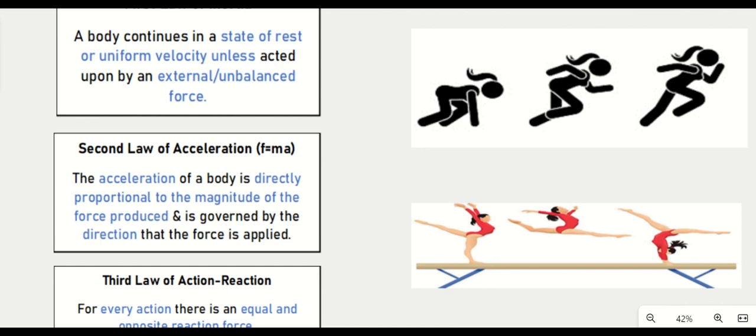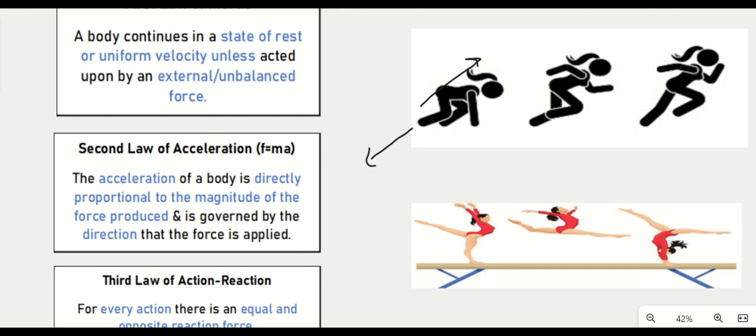But if she wants to go as fast as possible, the greater the force she applies down generates a larger reaction force upwards, causing her to accelerate. So really, if you're applying that second law of acceleration, you're going to be saying that the greater the muscular force applied to the ground or by the body to whatever it is, the greater the acceleration is going to be.